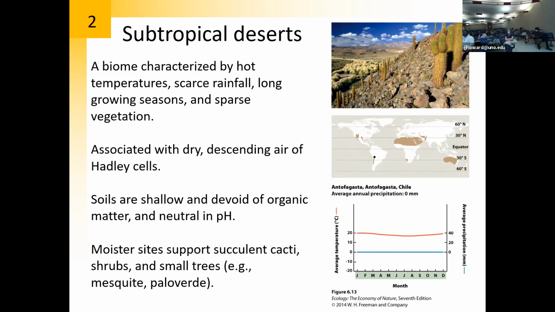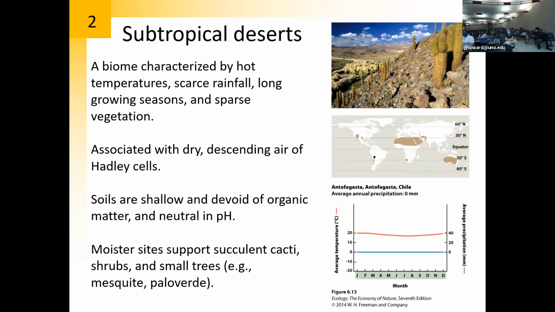Now, in deserts, there's very little organic matter because there's very little plant growth. So these are very unsuited for most human activities. You can have some surprisingly rich biodiversity in deserts.